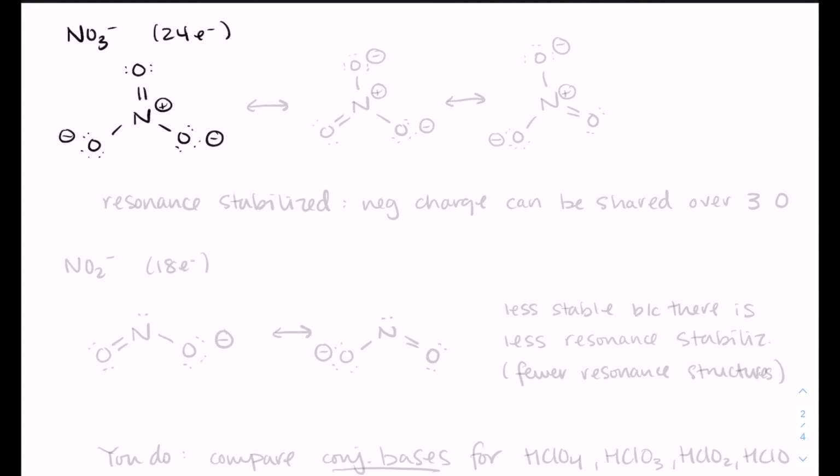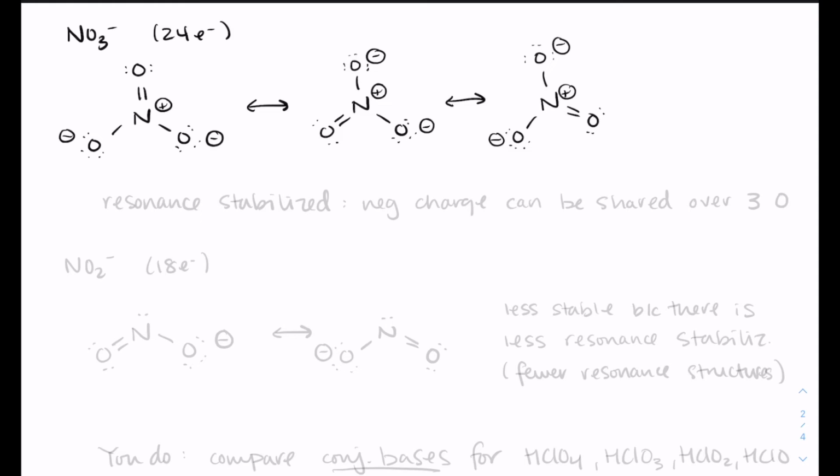This means that I have two other equivalent resonance structures, because that double bond between nitrogen and oxygen could have been with any of the oxygens. Now, we had two negative charges and one positive, but the negative charge is shared over three oxygens. So each oxygen doesn't have to carry the full brunt of that negative charge in any structure.